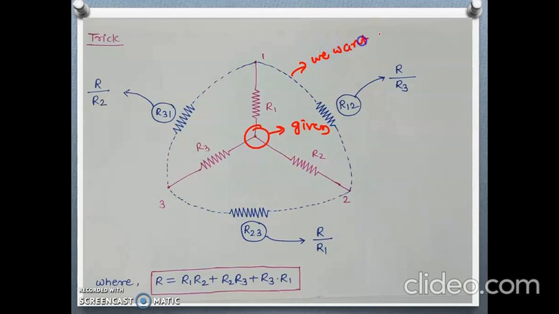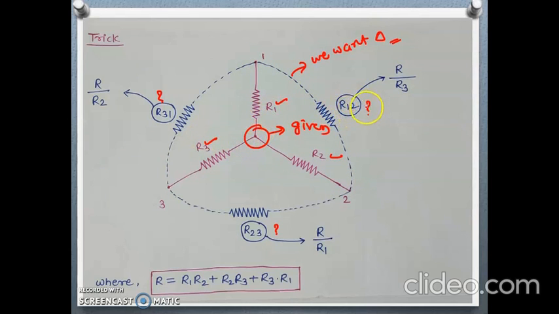We want the delta. Here we know the values of R1, R2 and R3, and we want the values of R12, R23 and R31. So when we are converting the given star to a delta, draw the required delta with dotted lines in the same diagram. It will be easy to remember and easy to calculate also.